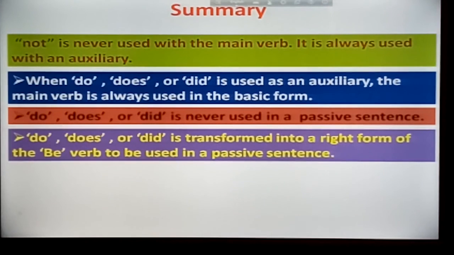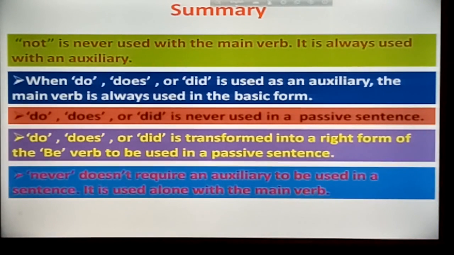In fact we transform do, does or did into the right form of the be verb to be used in the passive voice.